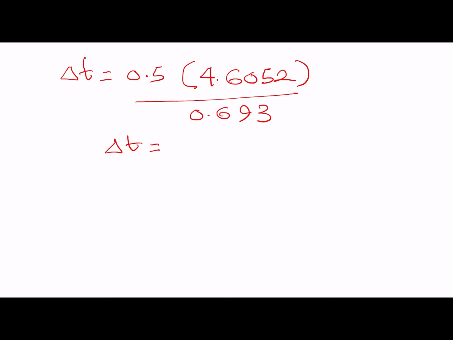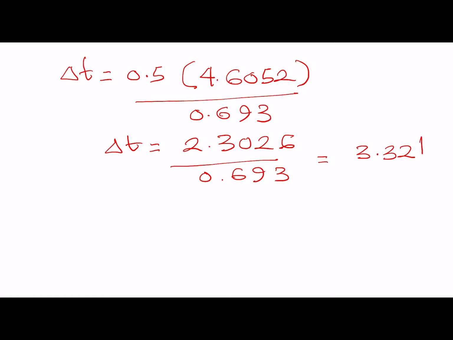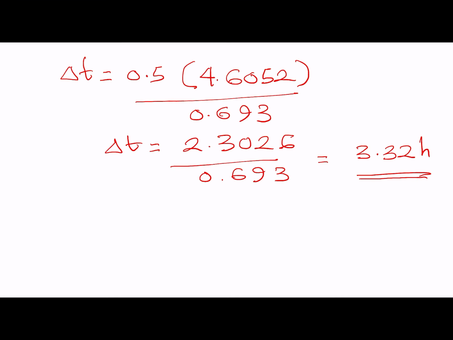That gives us 2.3026 over 0.693, which should give us 3.32 hour. I'll advise that anytime you're carrying out any calculations, show the stages so that even if you miss some part, you still are able to get the rest of the calculations.